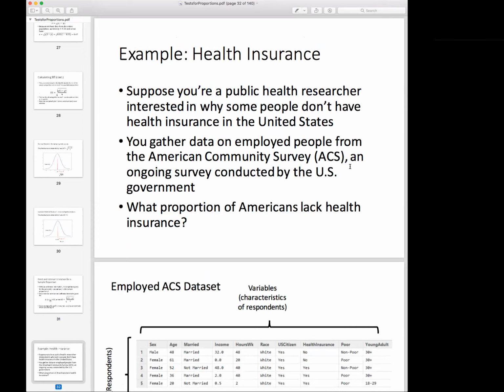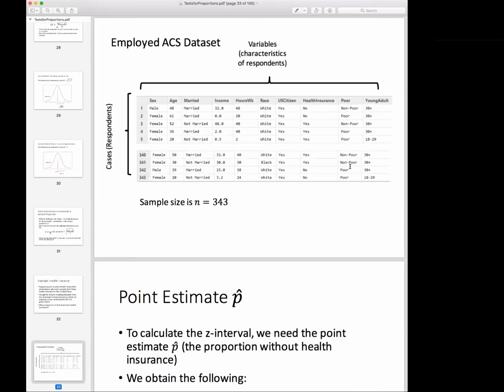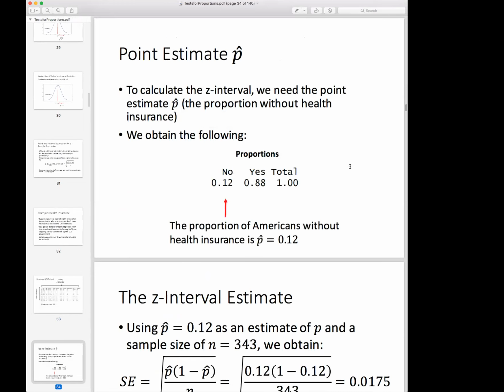So now we can look at a given example with the health insurance data set, the ACS data set. And our question is, what proportion of Americans lack health insurance? So we have 343 respondents in our sample.